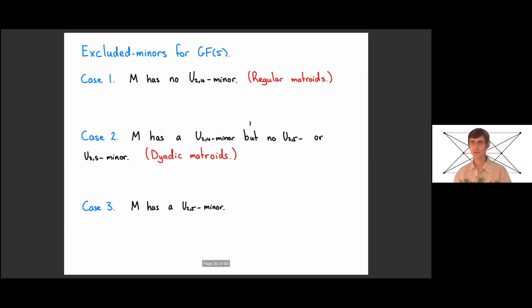So in the first case, you're essentially finding the excluded minors for regular matroids, because a GF5-representable matroid is regular if and only if it has no U24 minor. And in the second case, a GF5-representable matroid is dyadic if and only if it doesn't have a 5-point line or its dual as a minor.